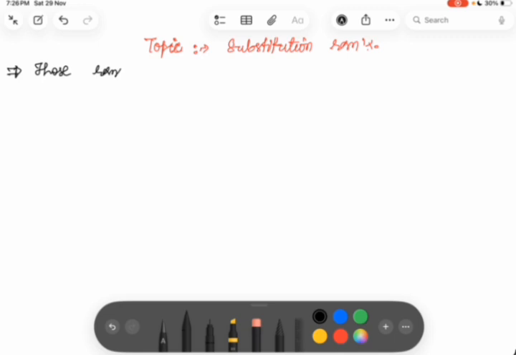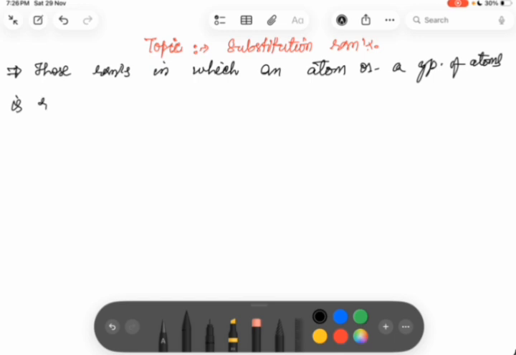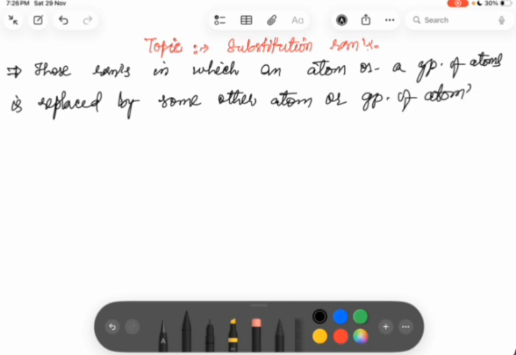Those reactions in which an atom or a group of atoms is replaced by some other atom or group of atoms are known as substitution reactions.